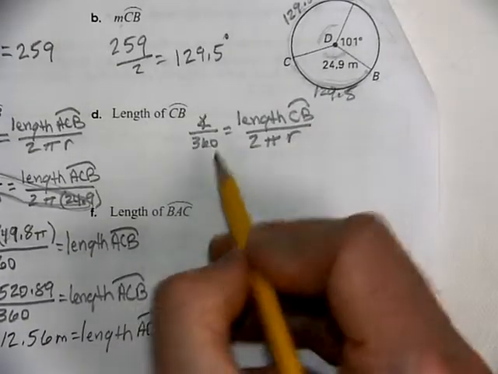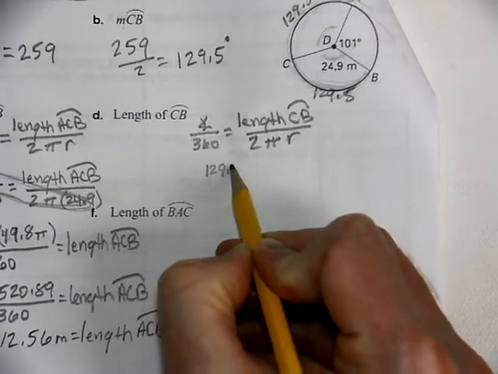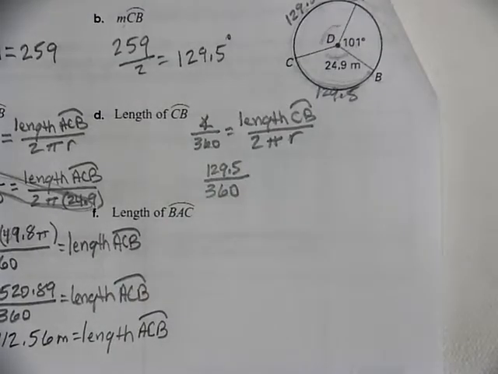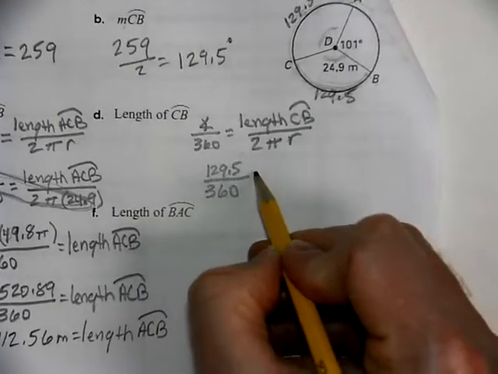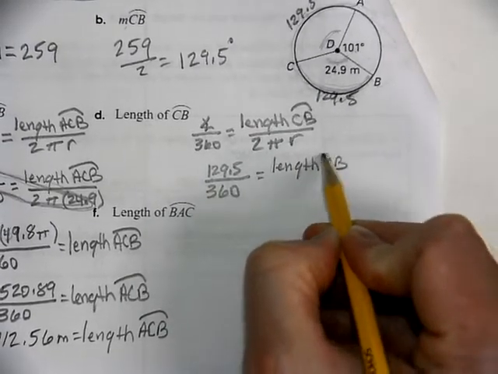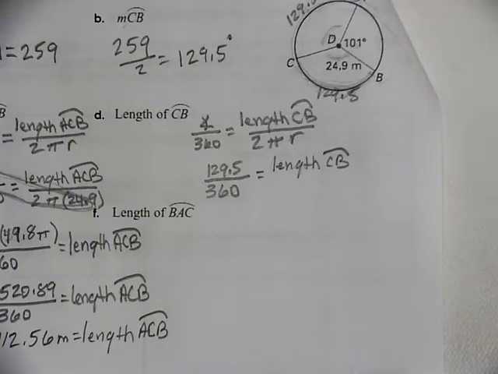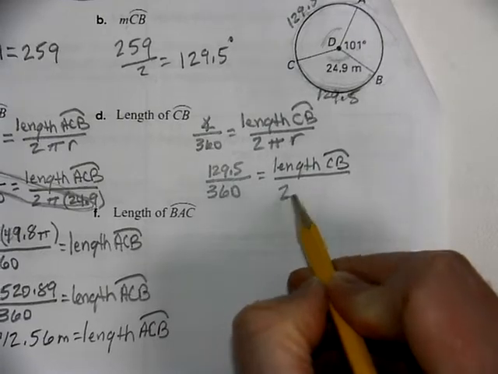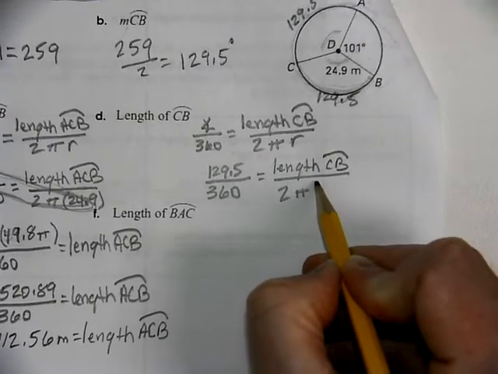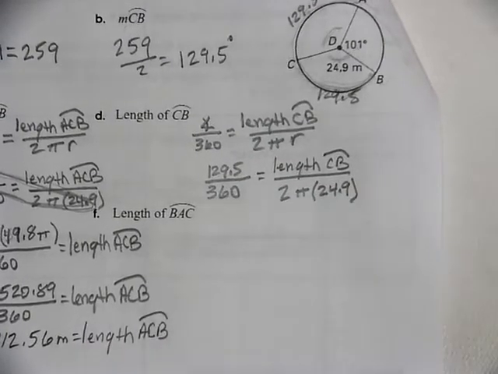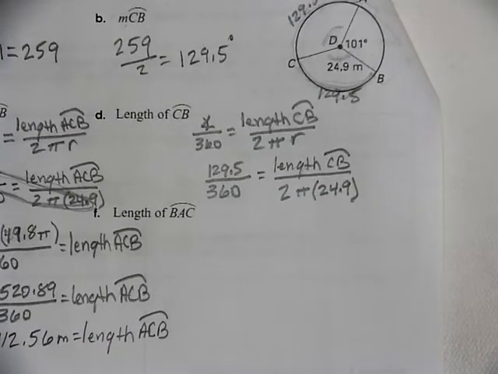We know what the angle is. That's your 129.5, and that's of 360 total. We do not know the length of arc CB. And we need to calculate what the circumference is, which we've calculated once before. And that's the 2 pi times 24.9.